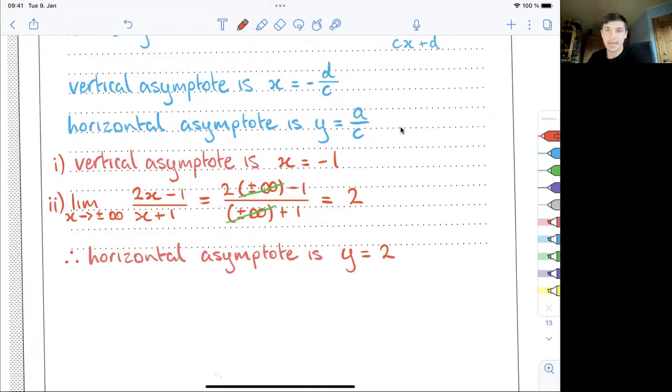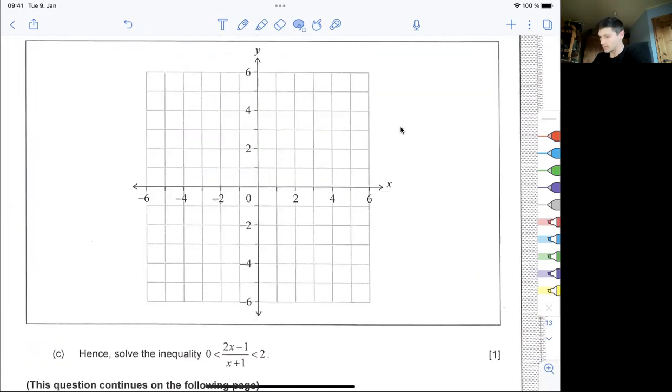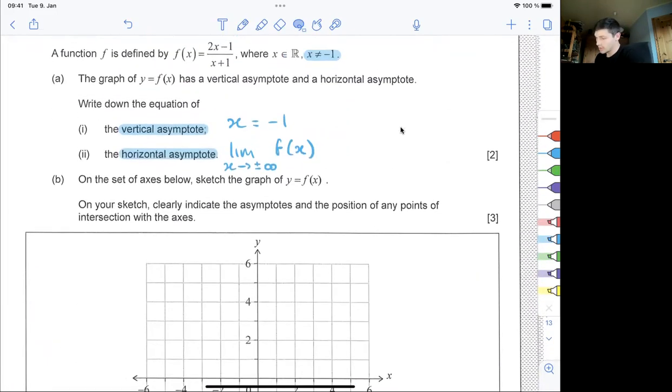And so there is the answer for part A. The reason why I wanted to expand on the idea of the limit is that it's going to help quite a bit for this next part, part B, when we get to sketching the graph. Going up to part B, we are asked, on the set of axes below, sketch the graph of y = f(x). I'm just going to put y = 2 here as well. So we've got that.